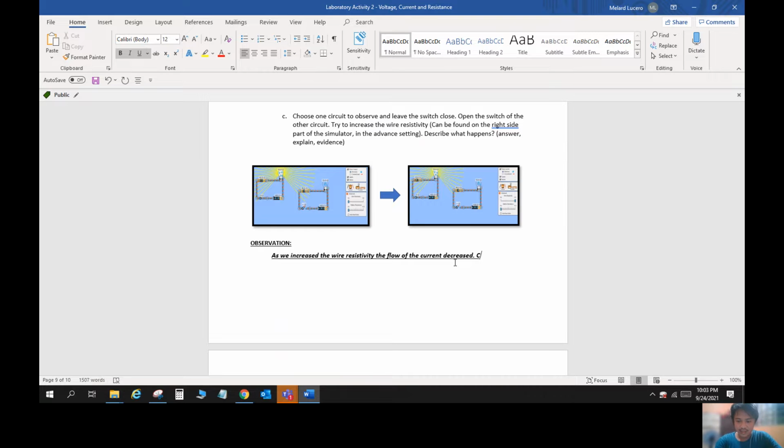So, bali, clearly shows that wire resistivity is inversely proportional to current, causing also the brightness.